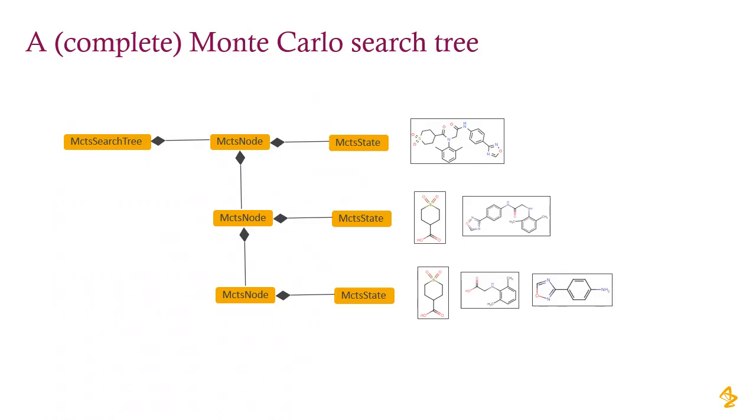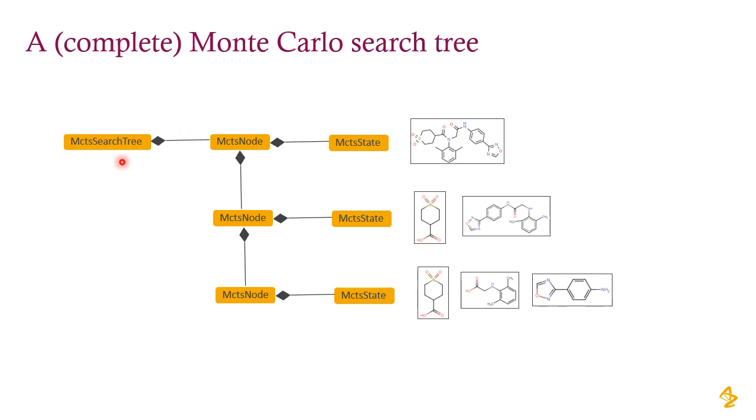So what we will work from is the following complete Monte Carlo search tree. Of course, I write complete in parentheses here because this is just a subset of what would be in a complete search tree when we have done exhaustive search. But we have a few things that we have already seen in previous slides.